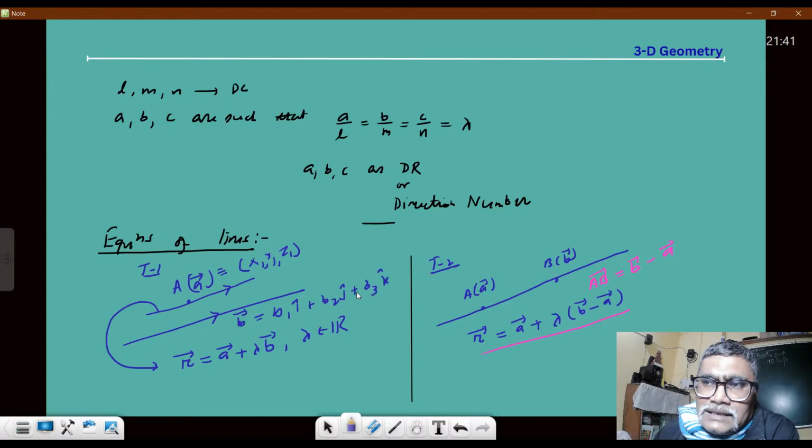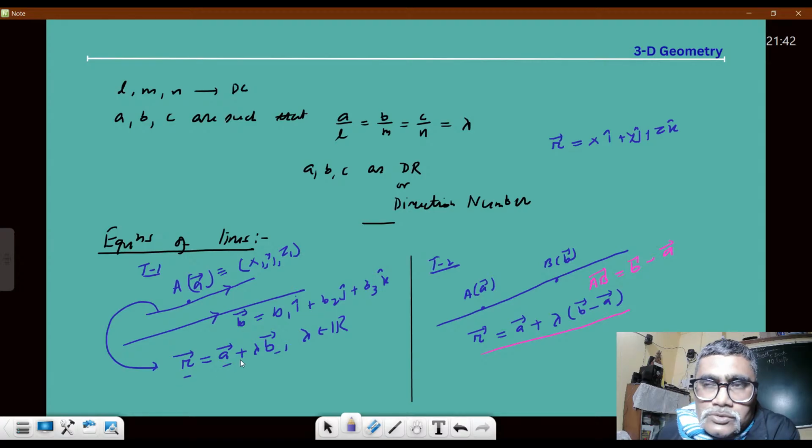One more thing: whatever variables we use in three dimensions, that are x, y, z, in vector form this is represented by the vector r. So r is nothing but x i cap plus y j cap plus z k cap. So if I put every value here, I get one equation.